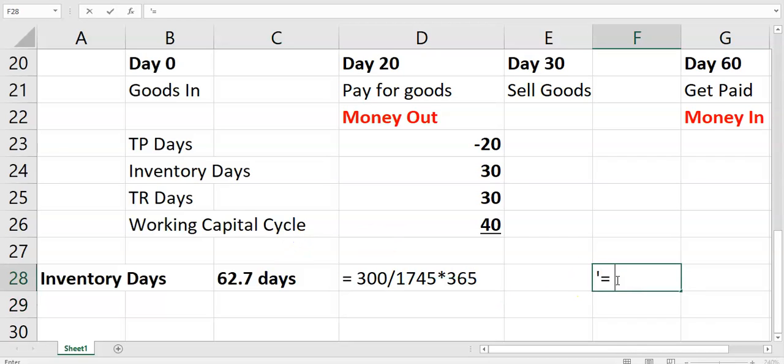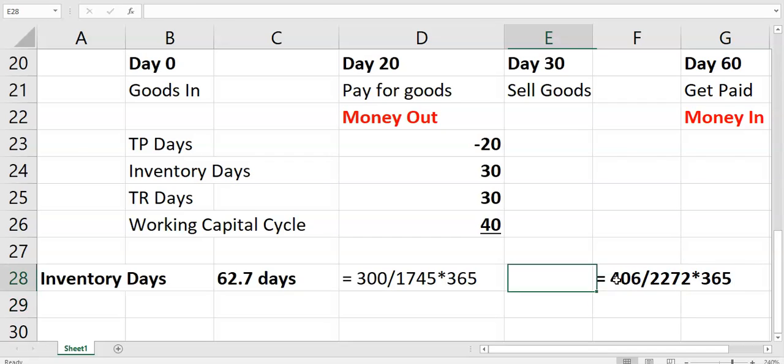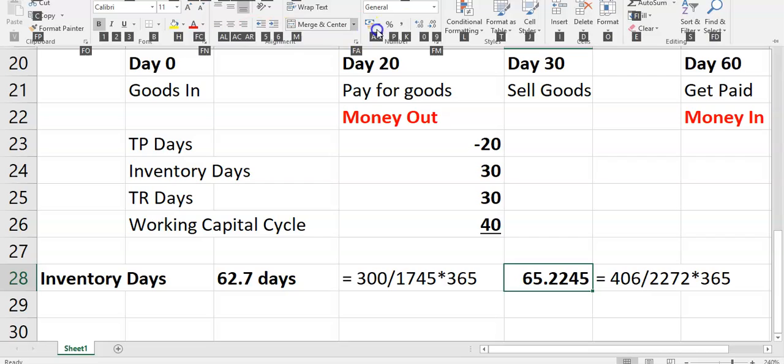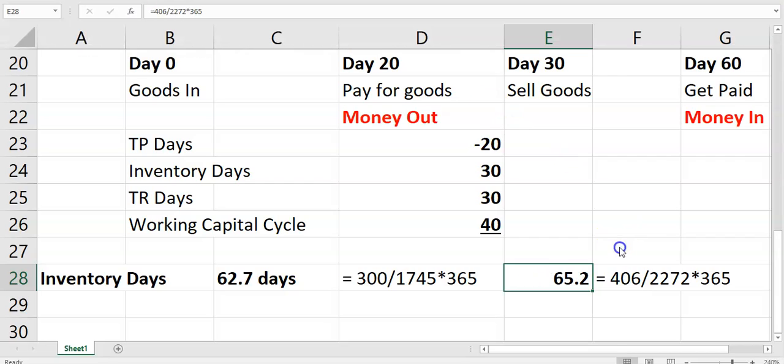In 2012, it is 406, inventory has gone up, but so has cost of sales. So you're looking at the movement relative to the movement in cost of sales. So let's have a look at this. 406 divided by 2272 times 365. So 65.2. So actually what's happened is they've been slightly more efficient.